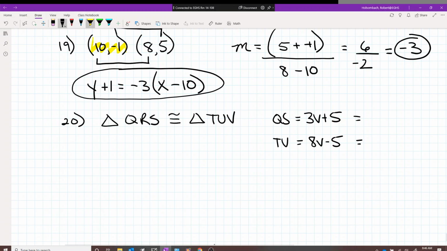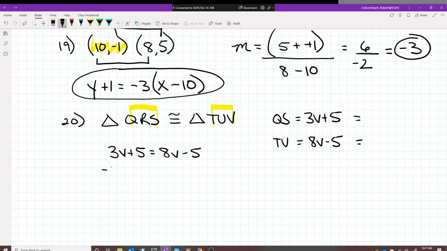Alright, Q and S. It's the first and third letter in this description. T and V, first and third letter in that description. So the two segments are congruent to each other. So your 3V plus 5 is equal to your 8V minus 5.